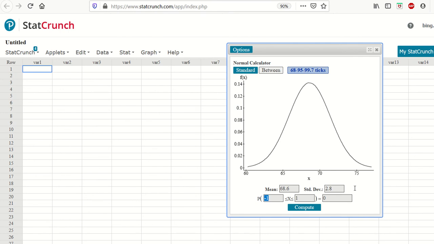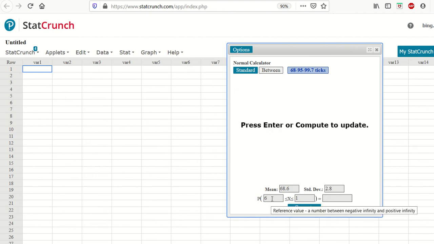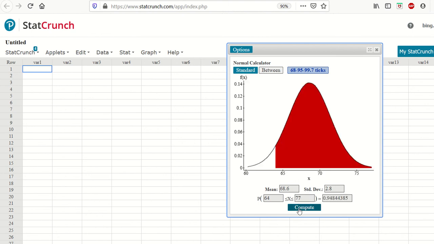One value is 64, the lower bound, and the upper bound is 77. And here you will get the probability or the percentage, 0.9484.